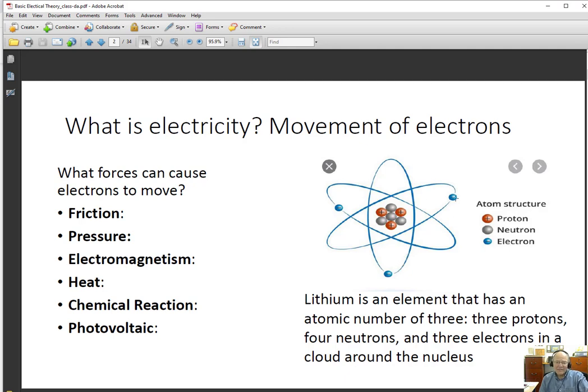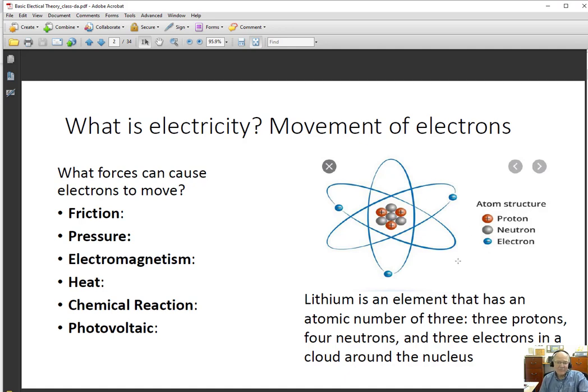That means you have the same number of negative particles as you have positive particles, and they have the same mass. Neutrons, on the other hand, are neutral. They have no charge, and so different materials have different numbers of neutrons in ways that are not as obvious as you might think they would be.